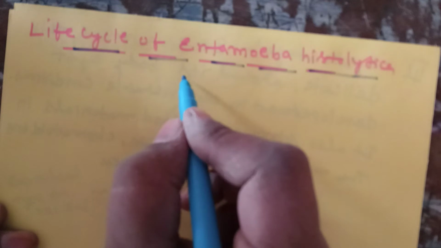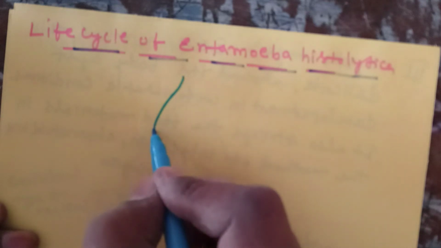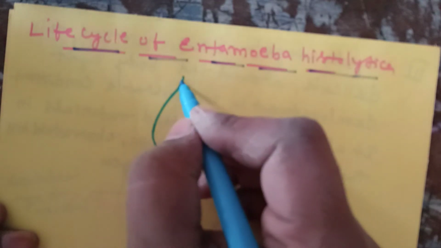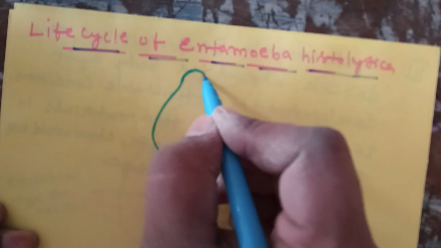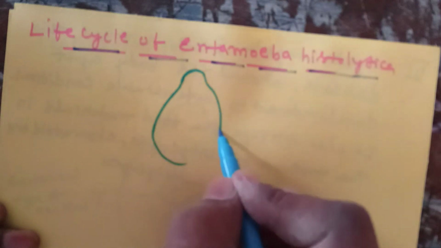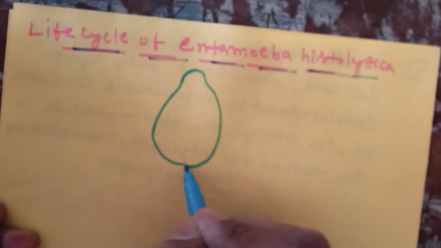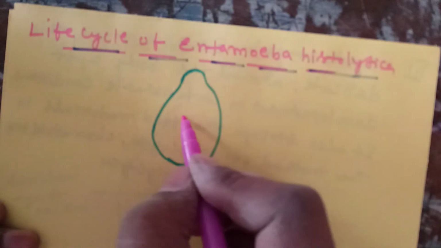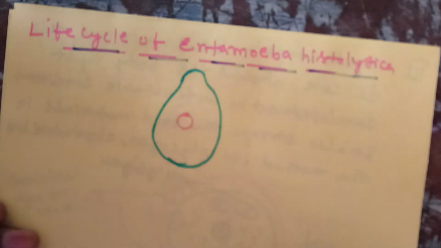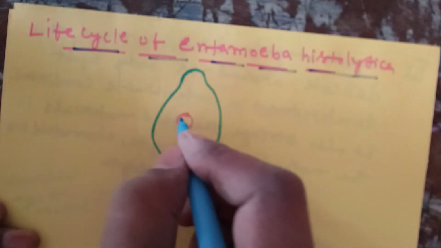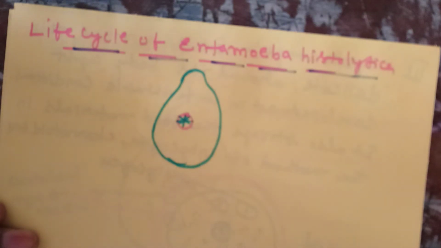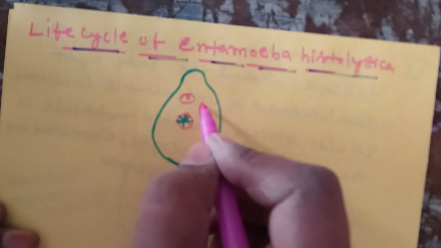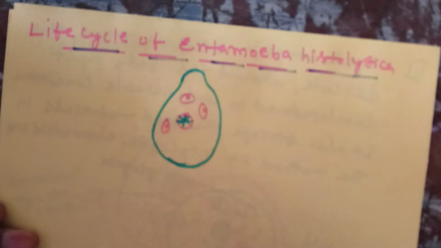So first is the trophozoite form. This is the adult trophozoite form. It is present in our body, in the large intestine. This is a cartwheel type of nucleus, and RBC food vacuoles are present.